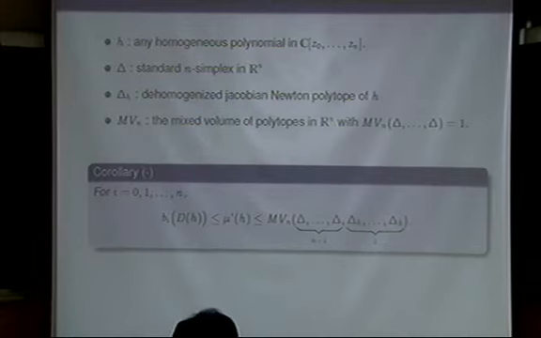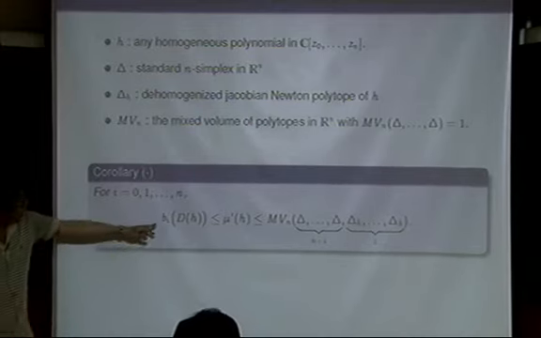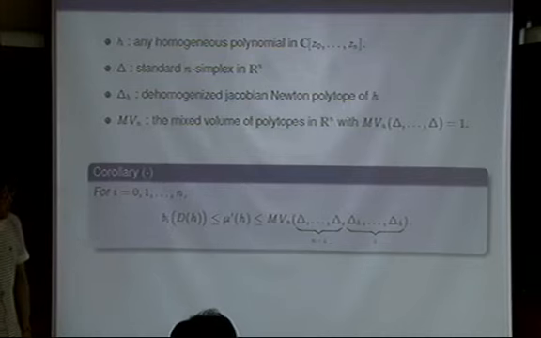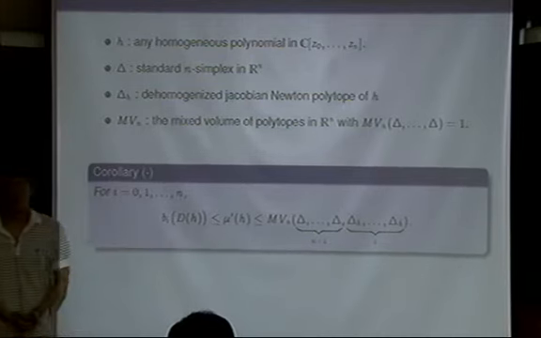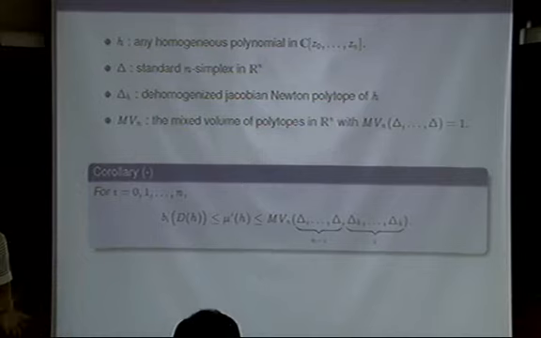In that normalization, the i-th Betti number of the complement is smaller than mu_i of h. Of course, because mu_i of h is the number of i-dimensional cells attached in some CW model of the complement.